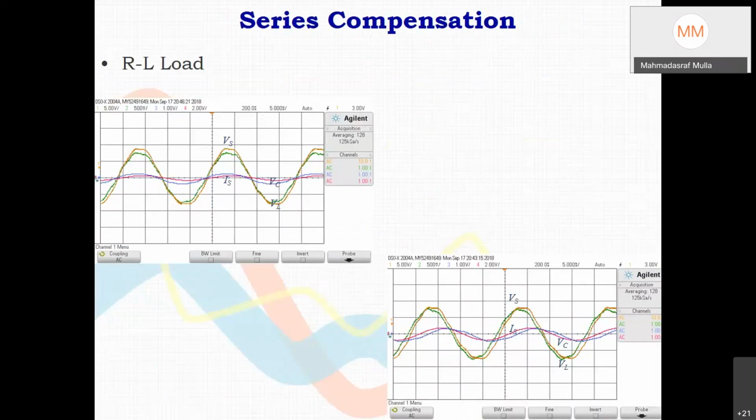So suppose RL load. Irrespective of shunt or series compensation, at the sending end the effect is the same: our voltage and current become in phase. In the absence of this series compensator you would get a lagging or leading angle, but here you come in phase with voltage.